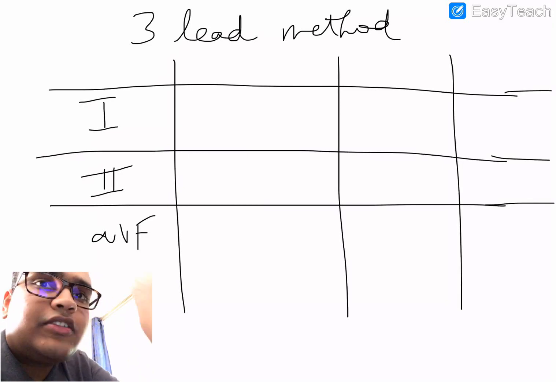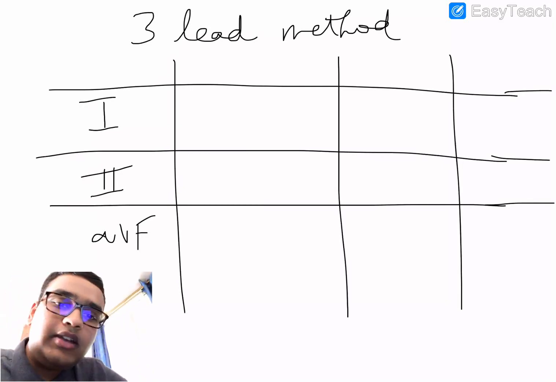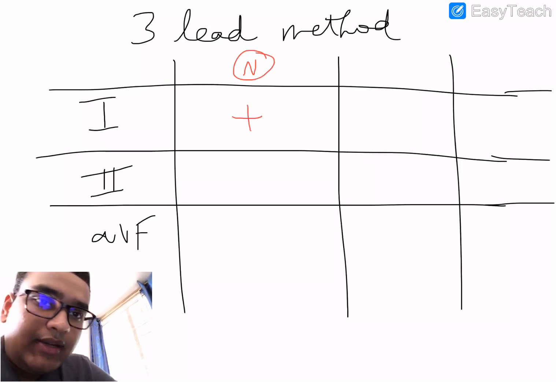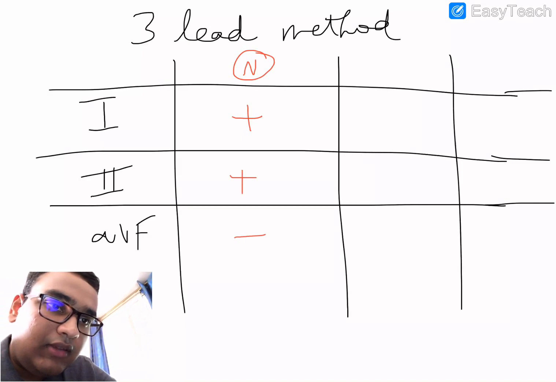Now let's talk about the normal variant. In the normal variant, lead 1 is positive, lead 2 is positive, and AVF is positive.